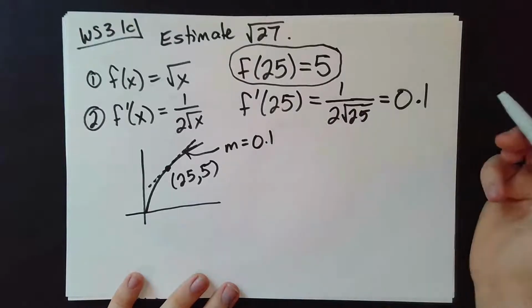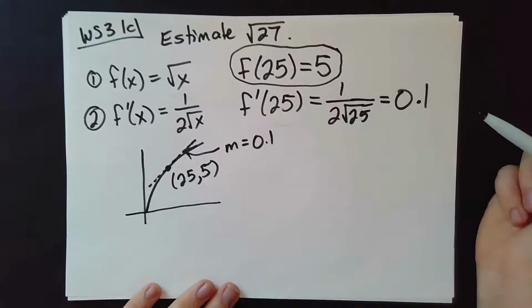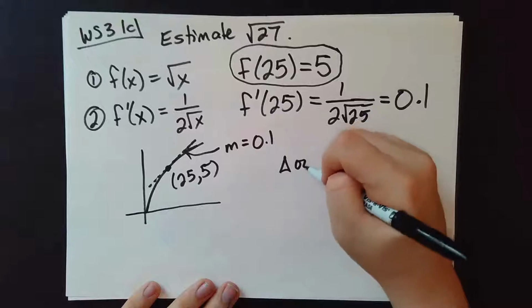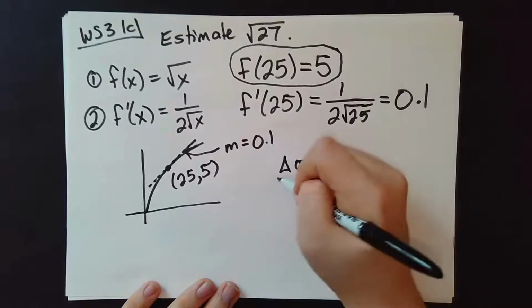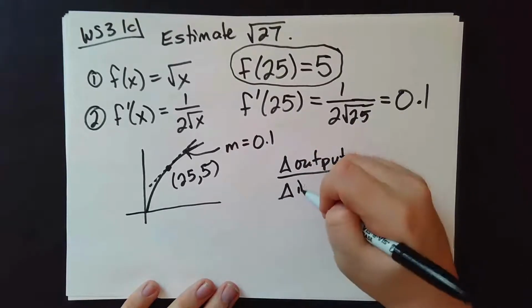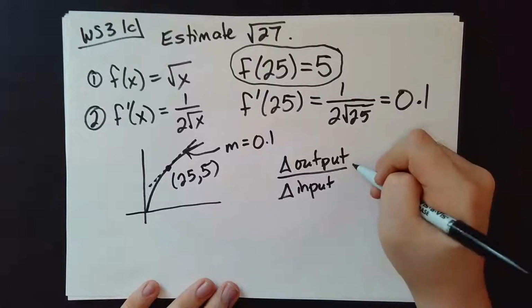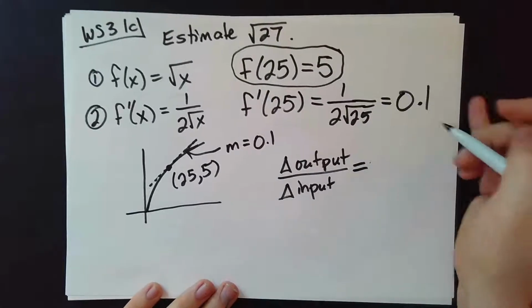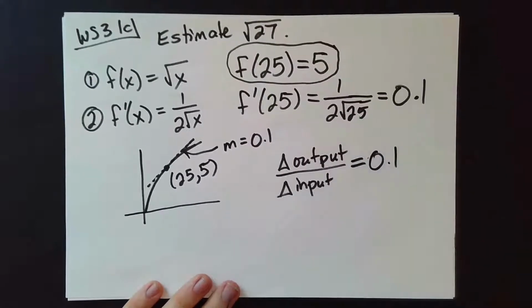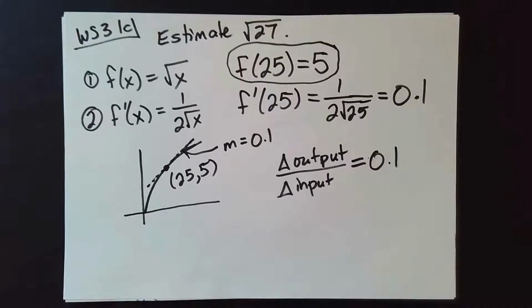So what that's telling us is that at this point, the change in output over the change in input is being fixed at 0.1. So that is, for every 1 unit I change the input, I change the output by 0.1.